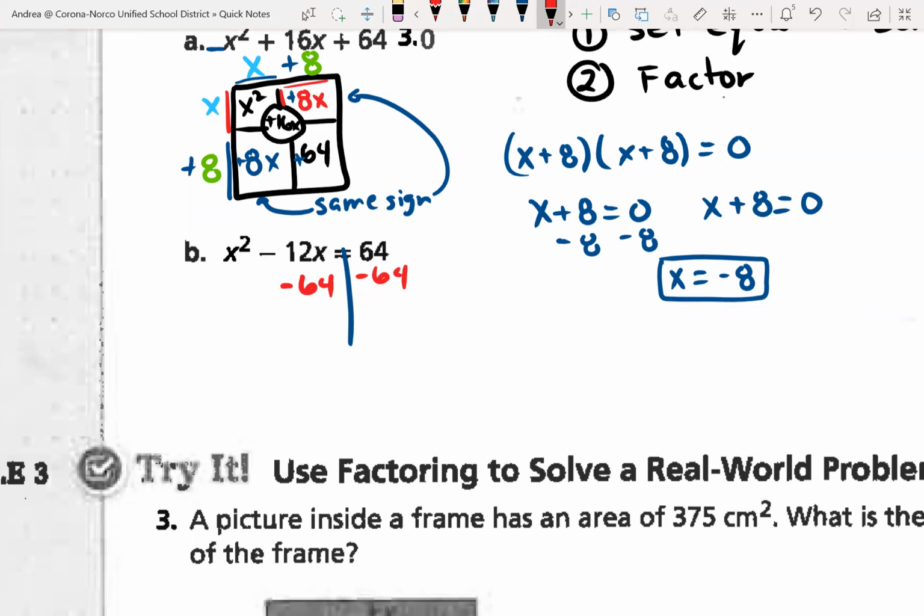Now, is negative 64 like terms with any of my terms on this side? Nope. So you just stick them in order. Greatest degree first, so x squared goes first, then negative 12x, and then your smallest degree of negative 64. And then it equals 0. Any questions over that?